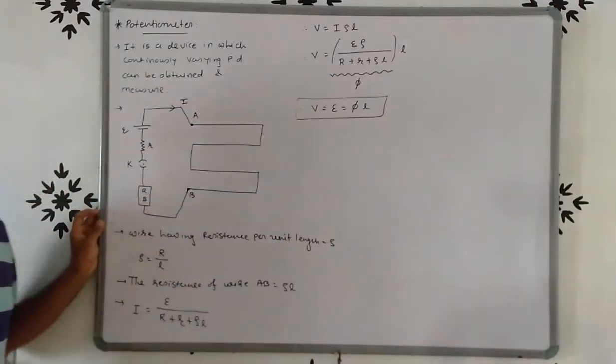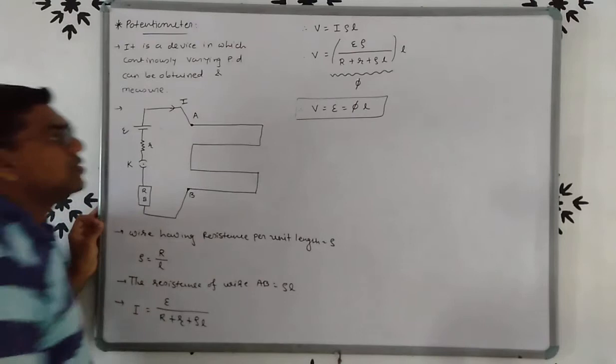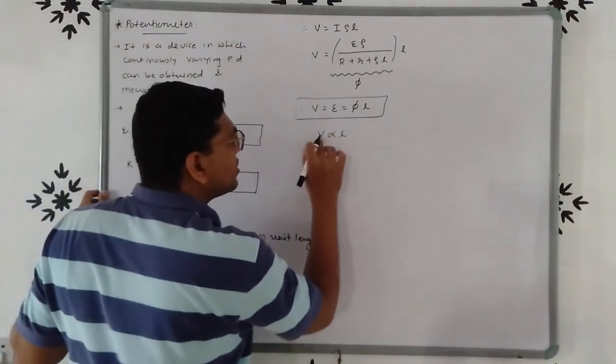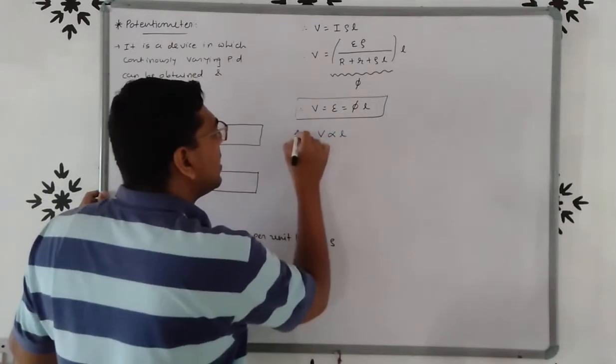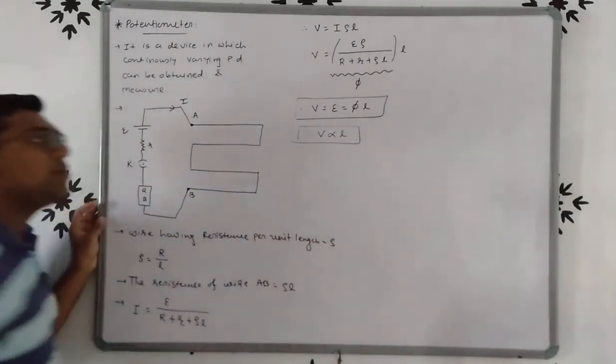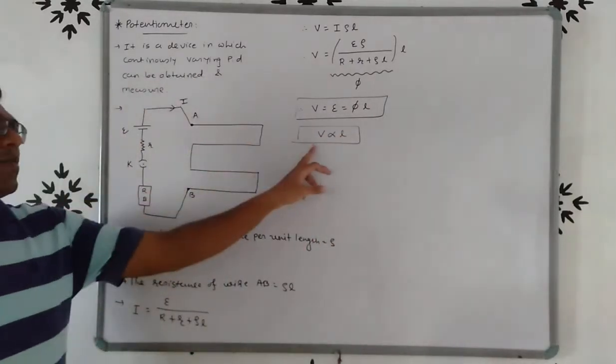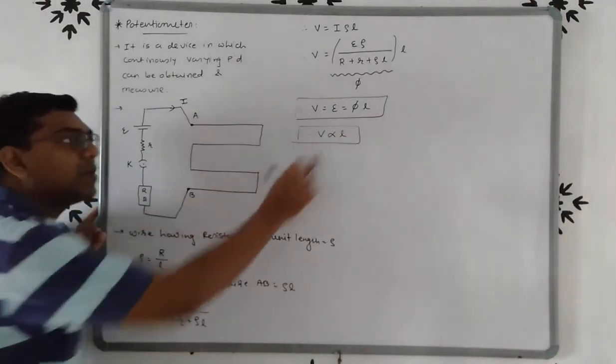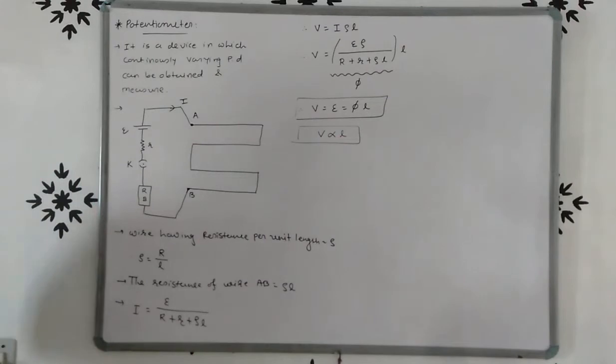Here phi is constant, so V is directly proportional to L. So we can say that potential difference between these 2 points A and B is directly proportional to length of wire AB.